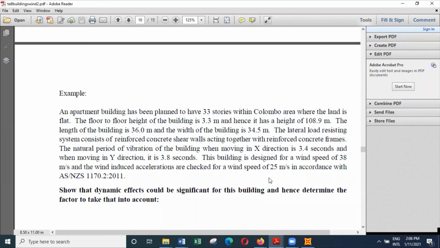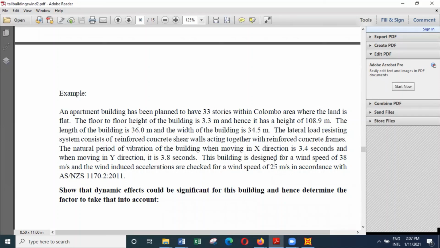Under ultimate conditions, we have a longer return period, whereas when checking wind-induced accelerations, which is a serviceability condition, we use a lower return period. So we have to use two different wind speeds when calculating the response of the building. This example has captured that particular aspect.